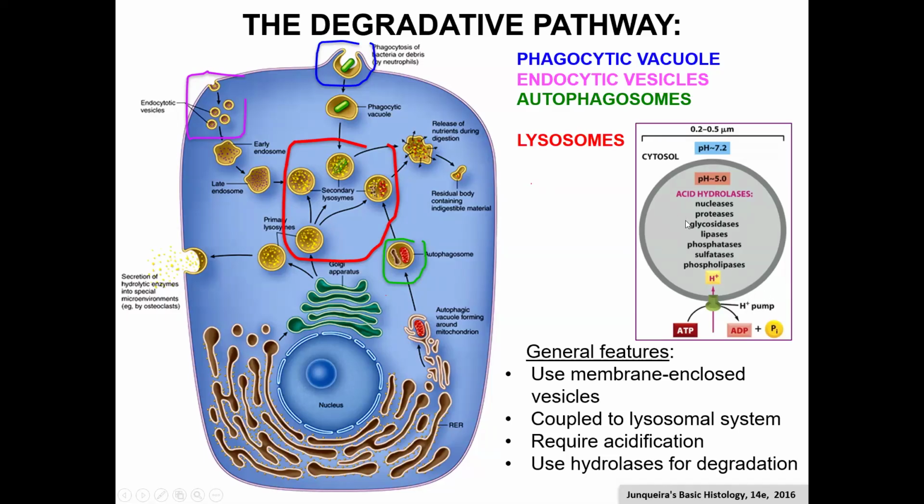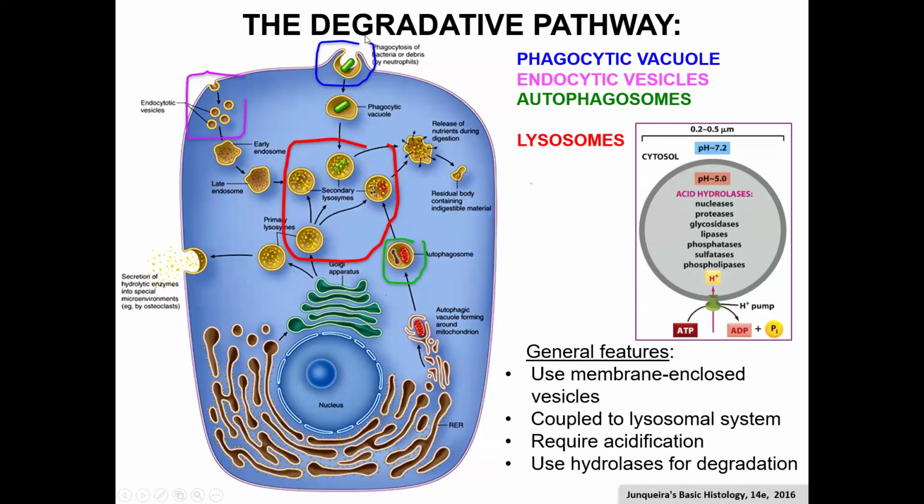There are proteases, glycosidases, lipases, phosphatases, sulfatases, nucleases, and they reach the lysosome by transport from the Golgi apparatus to the lysosome. See, these are the primary lysosomes.